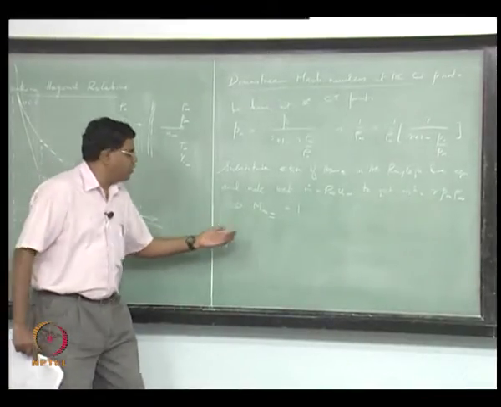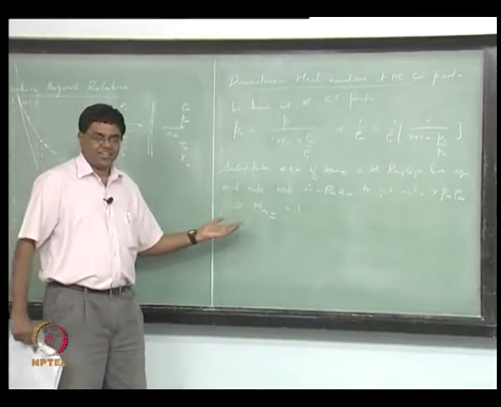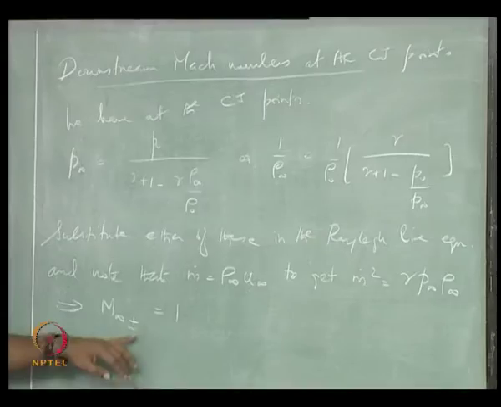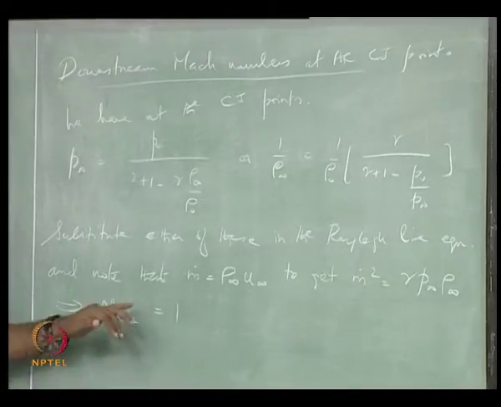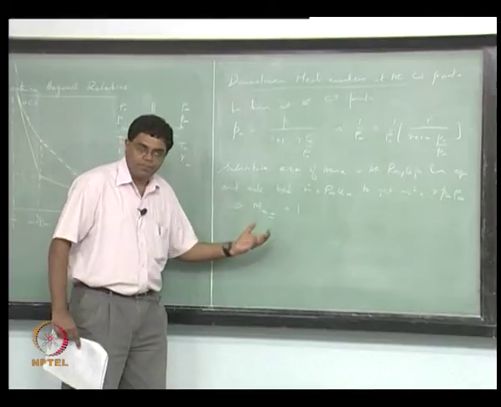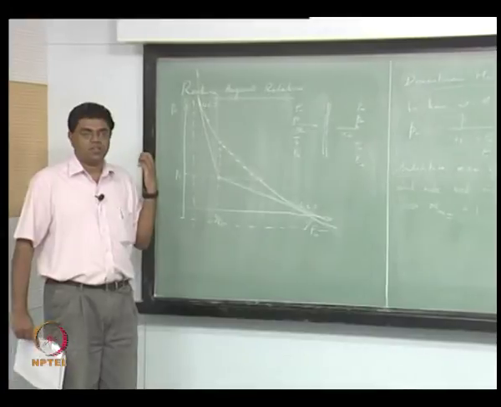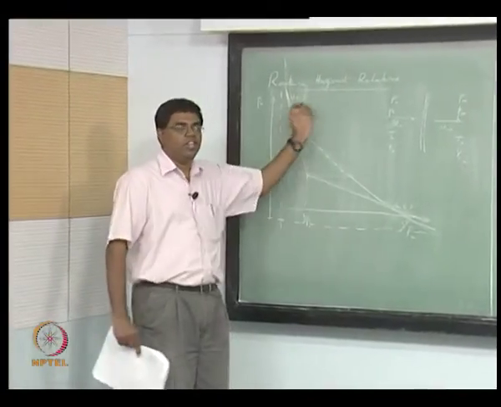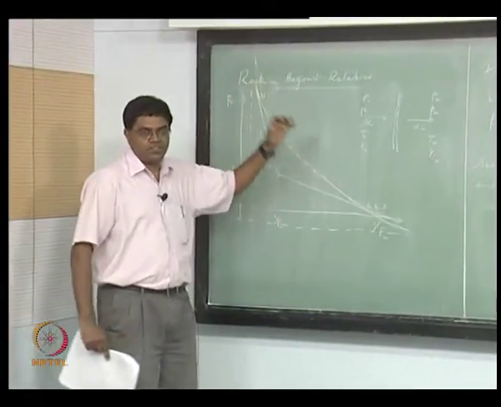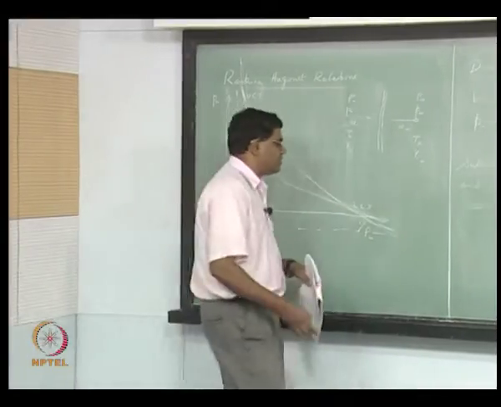Strictly speaking we shouldn't even write a plus or minus, we are not even at the stage of distinguishing between plus and minus, both of them are the same. So that means we are basically looking for the same answer for the downstream Mach number at either of these points, right.